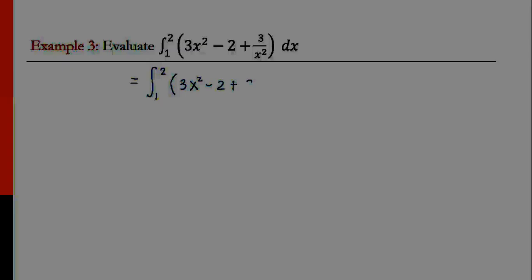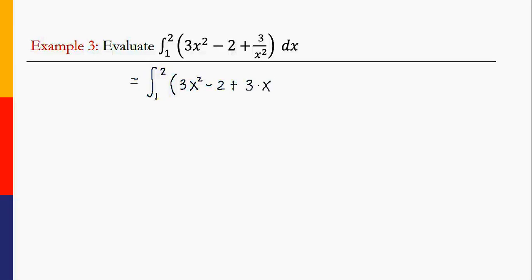Now in order to find the antiderivative, we need to change everything to the power form. So we get 3x squared minus 2 plus 3 times x to the negative 2 power dx. Now when it's in the power form, it's very easy to calculate the antiderivative.